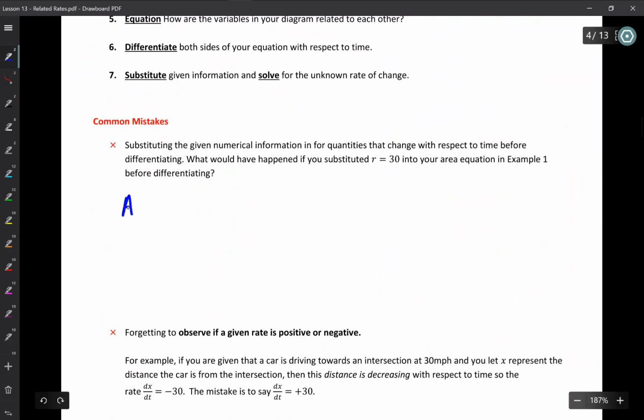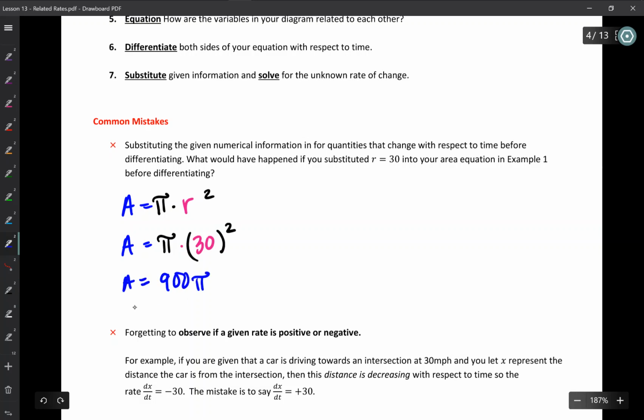If we said that the area is pi times the radius squared, and we're really excited, we're jumping the gun here, and we're saying, oh my goodness, I know what r is. I saw an r up in the writing. They said r was 30, so let me go plug that in. Oh, A is 900 pi. Wait a second here. That's just a constant. I'm acting like the area is always 900 pi square feet.